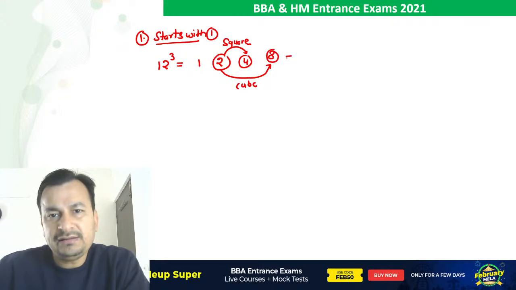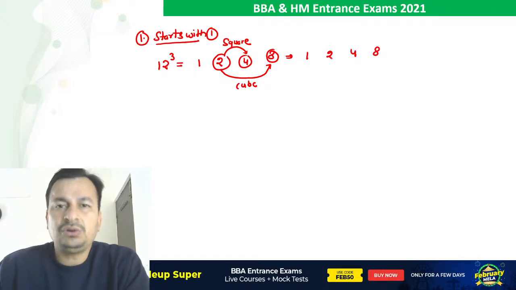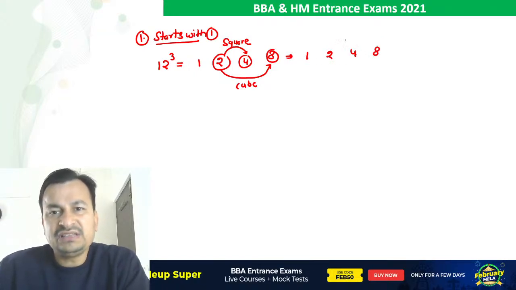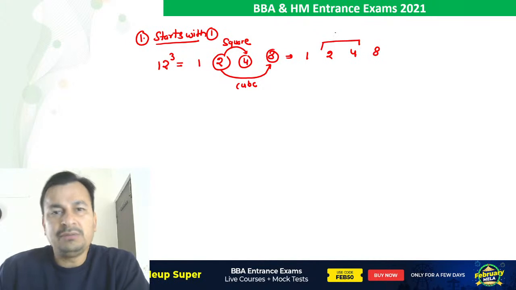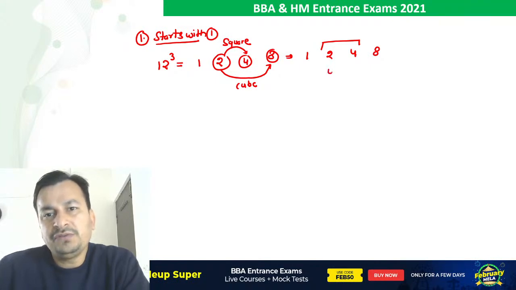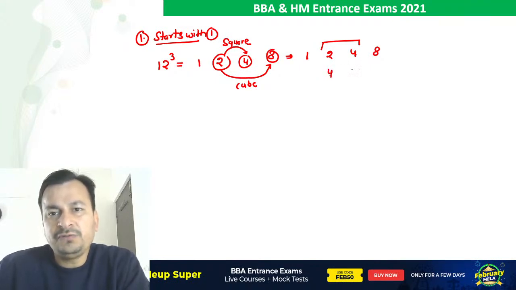So we will write 1 2 4 8. Here 12 is our 2-digit number, 4 is the square of 2, and 8 is the cube of 2. Then we will double these two middle numbers. Double of 2 is 4 and double of 4 is 8.